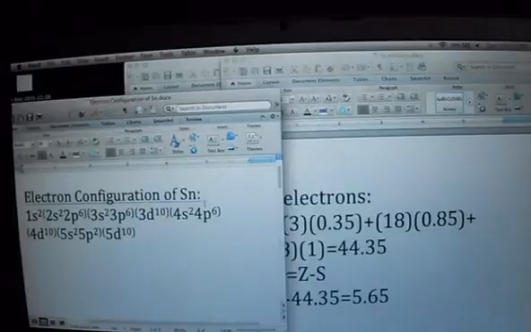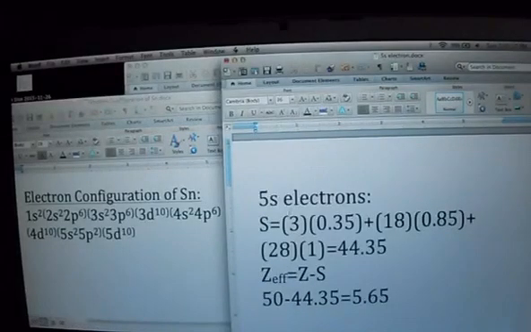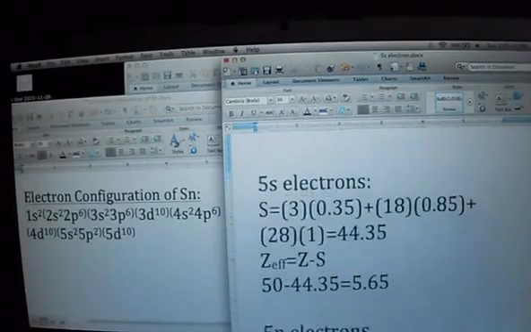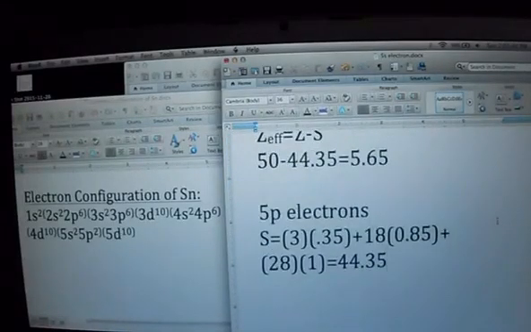So when you're working through the problem, you know everything's going to be the same, so based on that alone, you know it's just going to be the same answer, as we calculated before, 44.35.